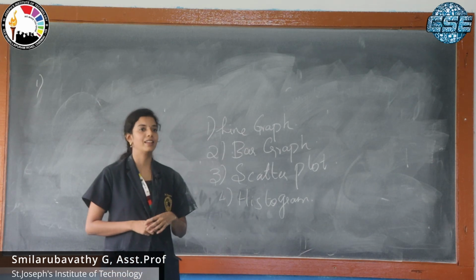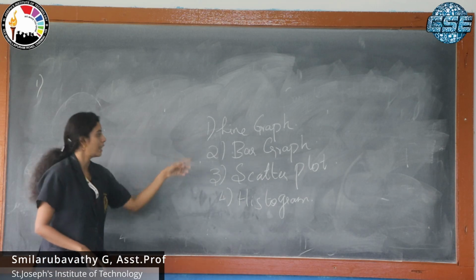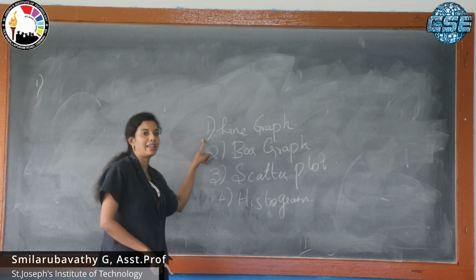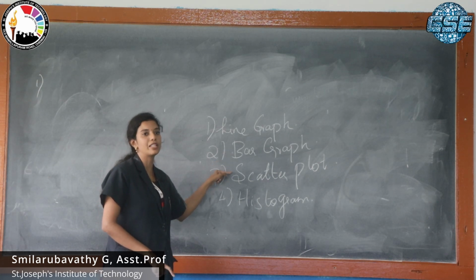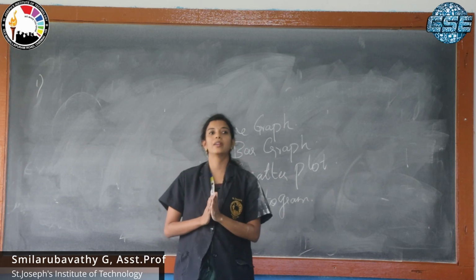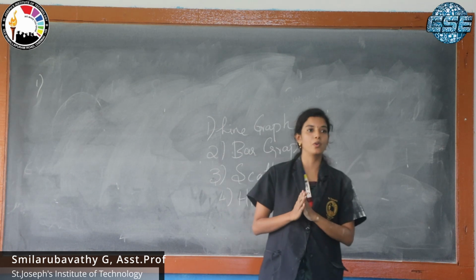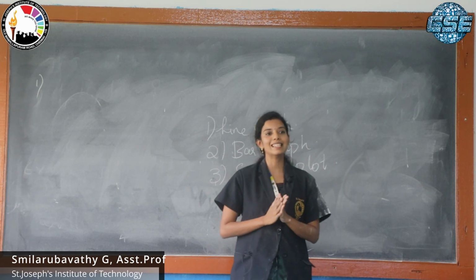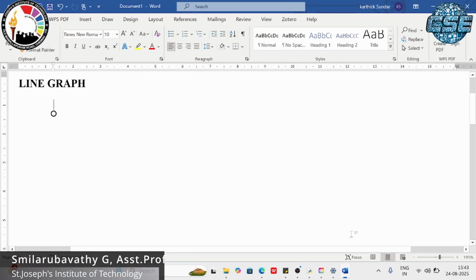So today in our lab we are going to cover four major topics: line graph to show trends over time, bar graph to compare categories, scatter plot to visualize the relationship between two variables, and histogram to see how data is distributed. By the end of the session, you will not only know how to write Python code for these, but also when and why to use each type of graph in real life. Let's start with the simple line graph.